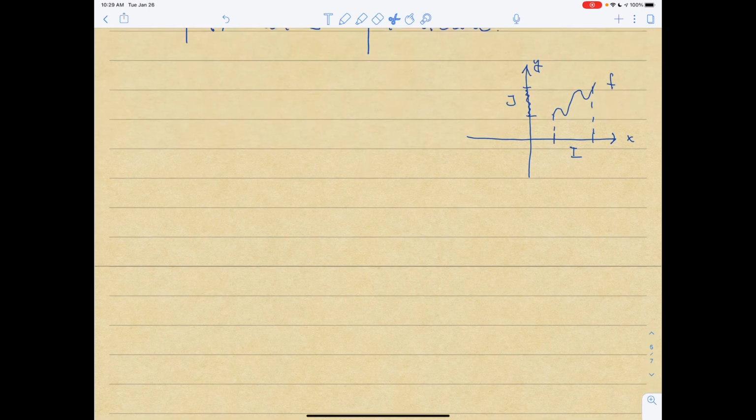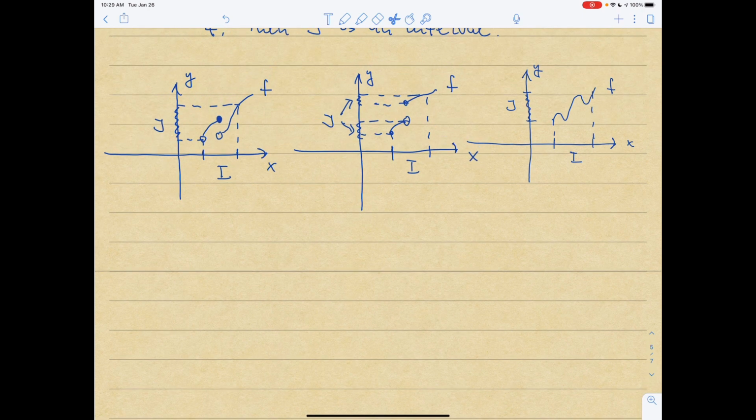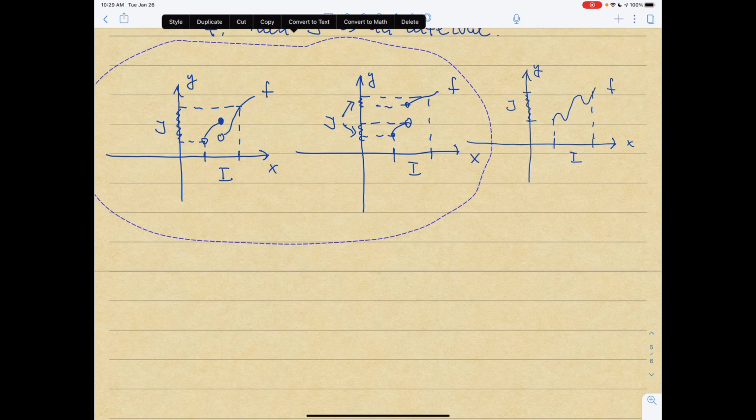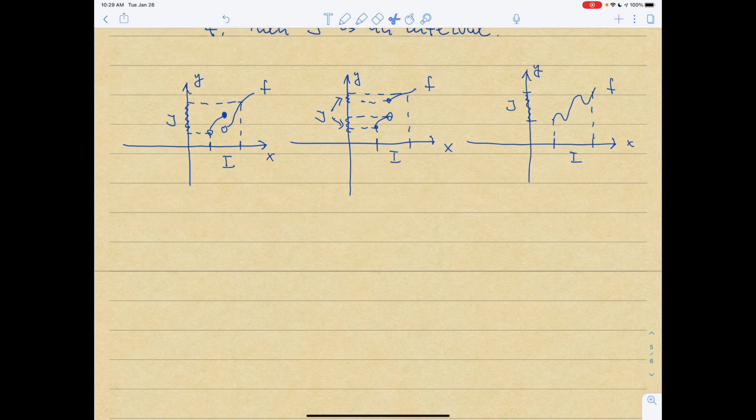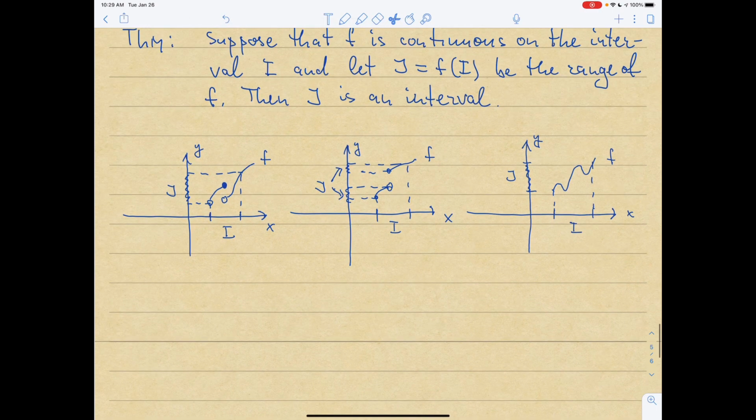And so now let's try to prove the theorem. So proof.